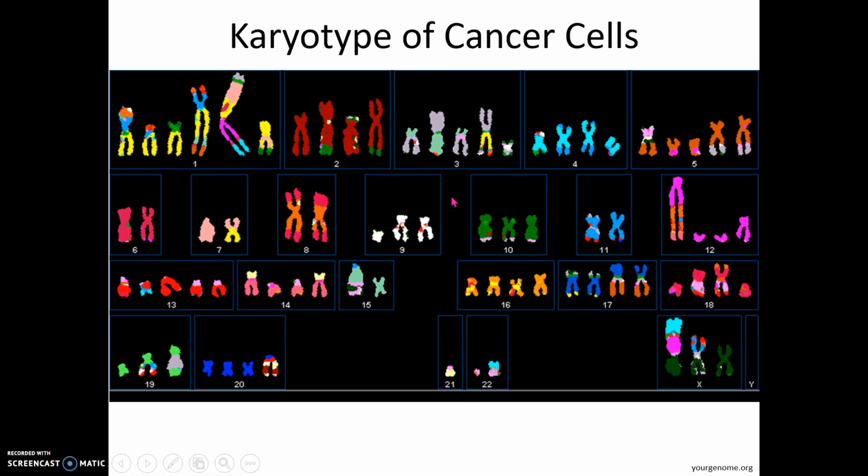So this is a karyotype, and you should say, hey, in a normal karyotype, you have 2 copies of each chromosome. Well, here you have as many as 6 of chromosome 1 and 4 of chromosome 12. You'll also notice they look different, right? These chromosomes have lots and lots of translocations going on, okay? To accommodate this increase in number, you have to have an increase in size of the nucleus.